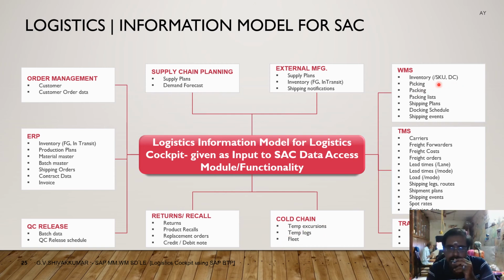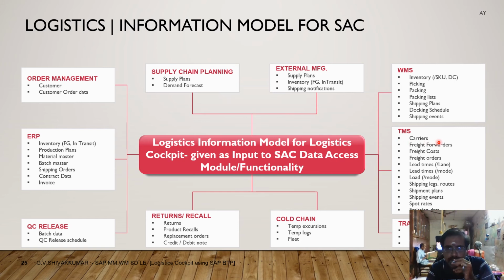And the warehouse management system will have data comprising inventory, that is stock keeping units, DC distribution centers, picking, packing list, shipping plans, docking schedules, and shipping events.